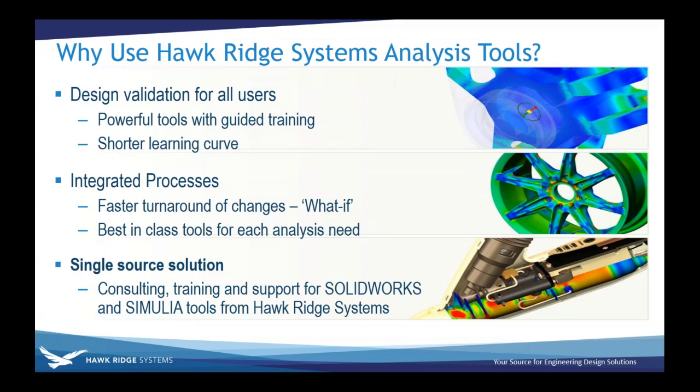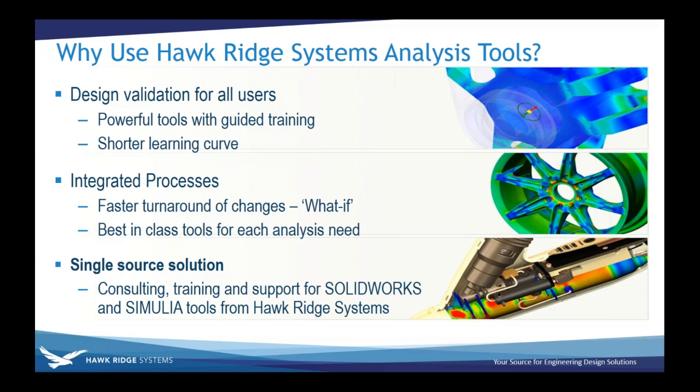What all of these things have in common, for the most part, is that they're design validation tools designed for all users. You don't need to get a PhD in FEA or CFD to correctly apply these tools and get valid answers. They are all, to some level, directly integrated into SOLIDWORKS.